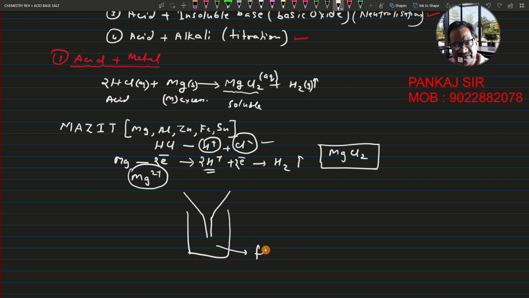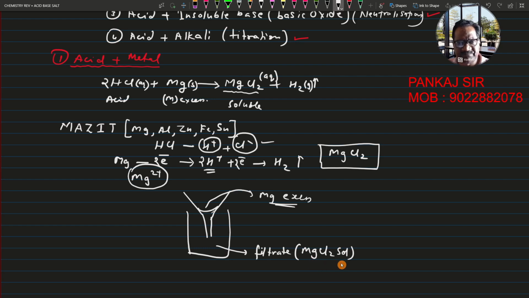Now this filtrate is nothing but magnesium chloride solution, right? And on the filter paper, you will be collecting the solid magnesium which was in excess. So the excess magnesium has been removed from the solution, and you have a clear solution of magnesium chloride.